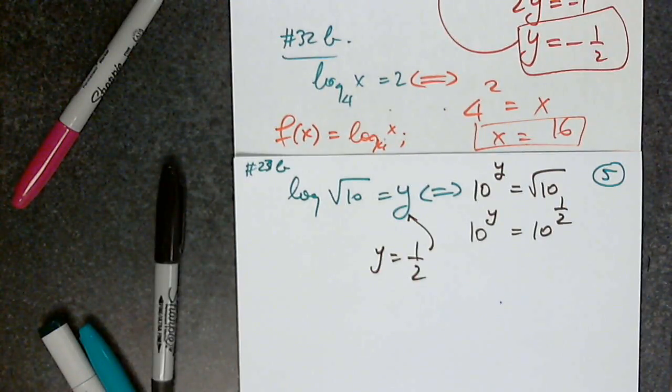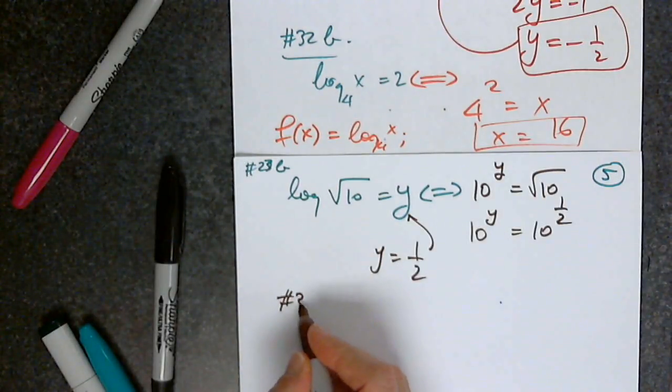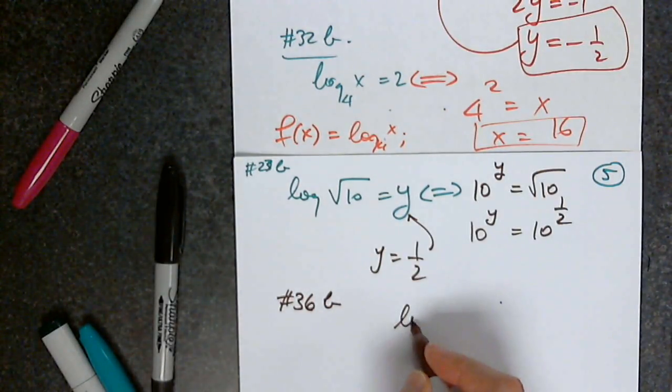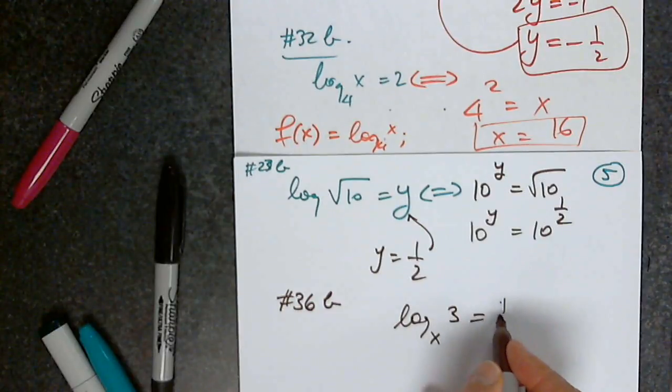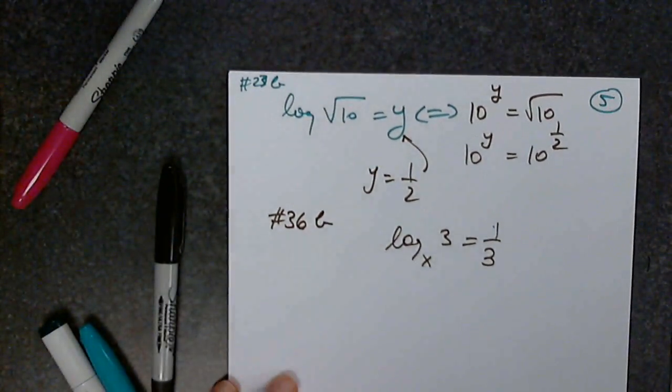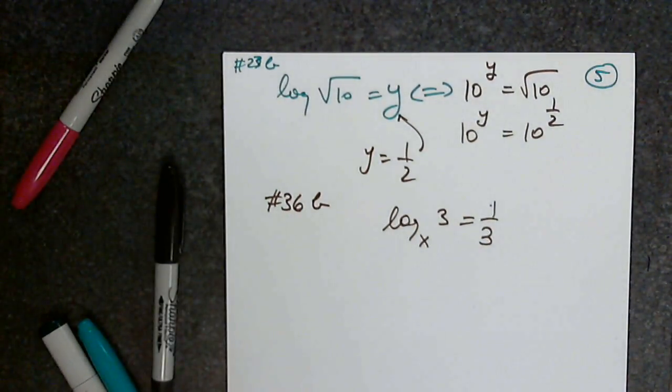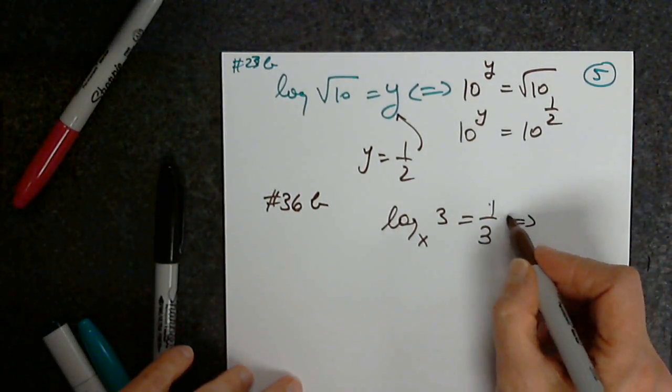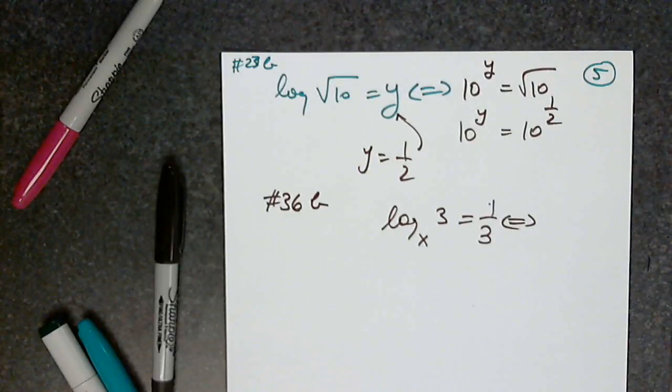Let's also look at 36b, in which we have log base x of 3 equals 1/3. Same question, we're asked to find x. I have no idea what this is, but I know I can easily, quickly convert it into what? Yes.